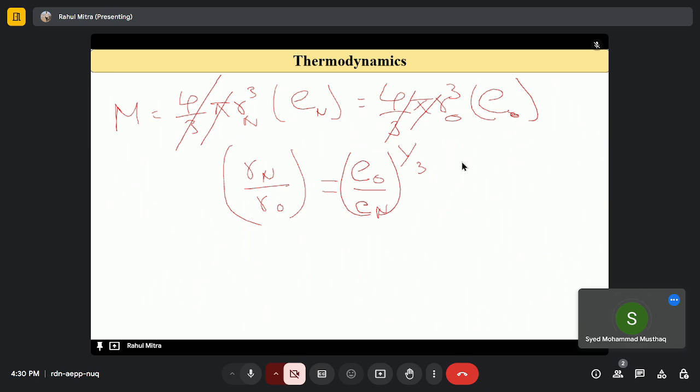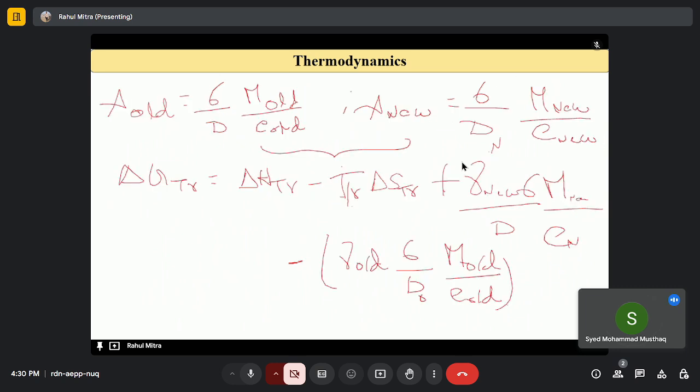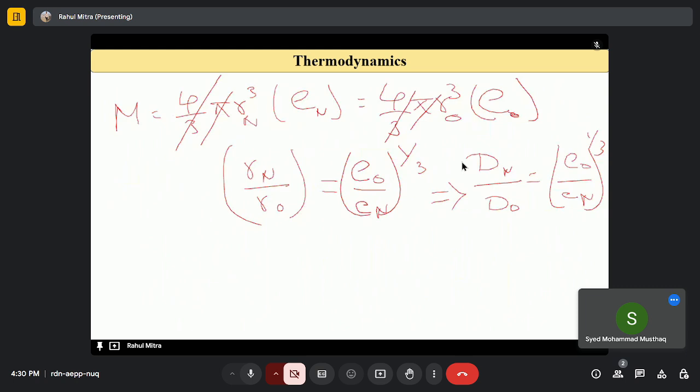And if you want to write it in diameters, diameter of mu by diameter of old will be equal to density of old by density of mu whole power 1 by 3. Now substituting, I should substitute this equation.